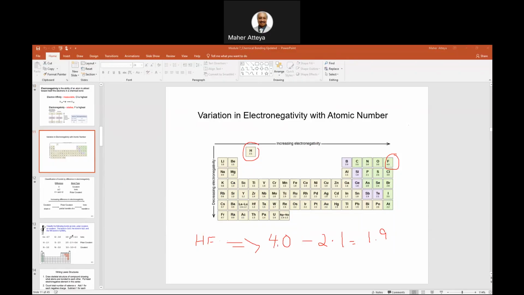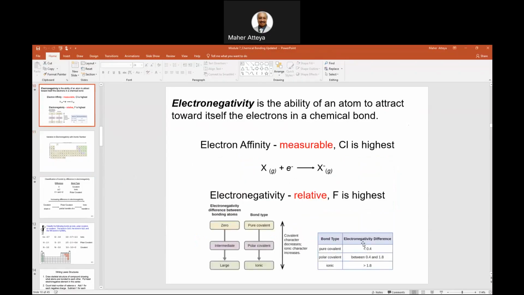You can come to your table here and see how it looks.